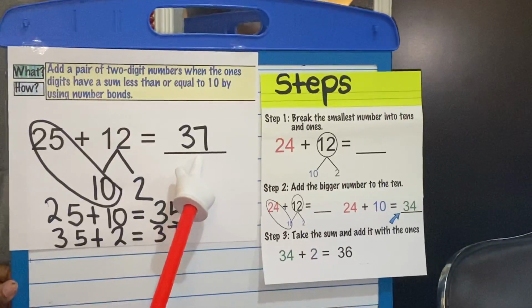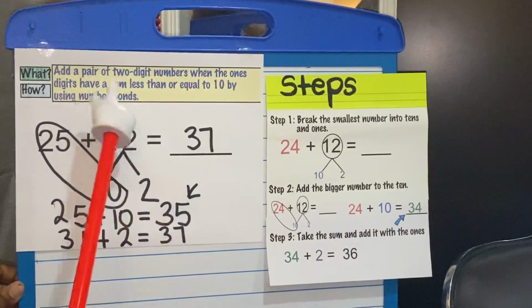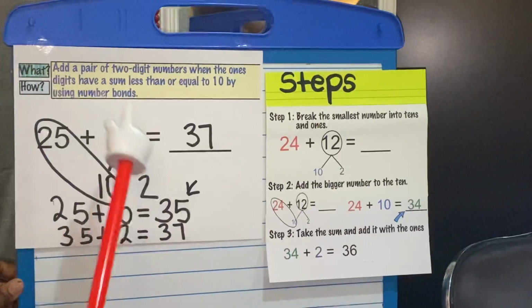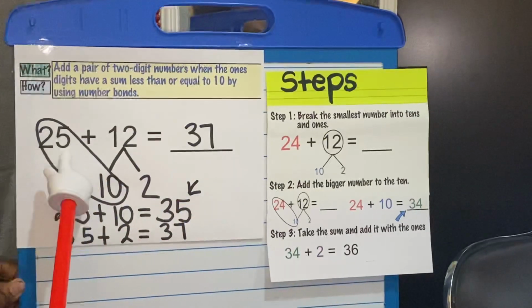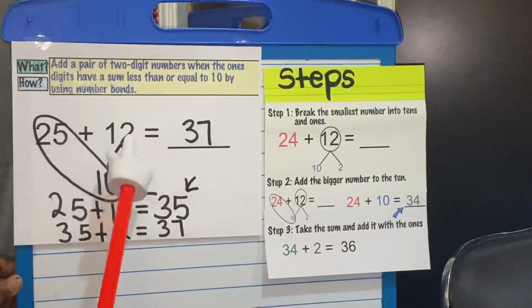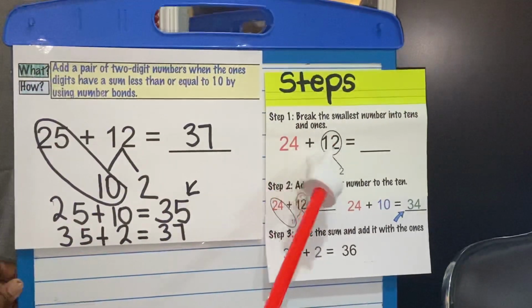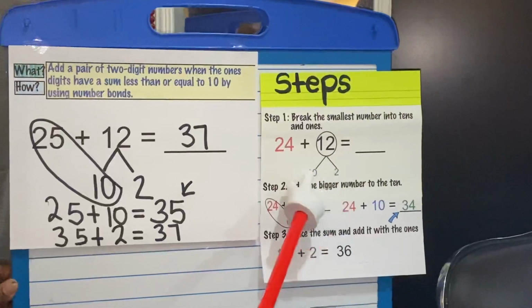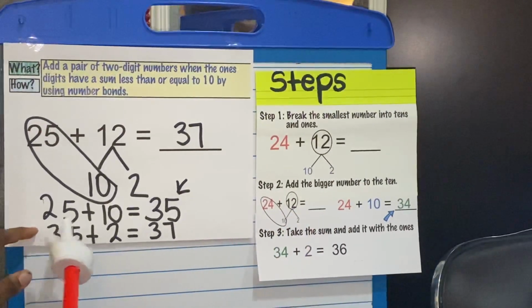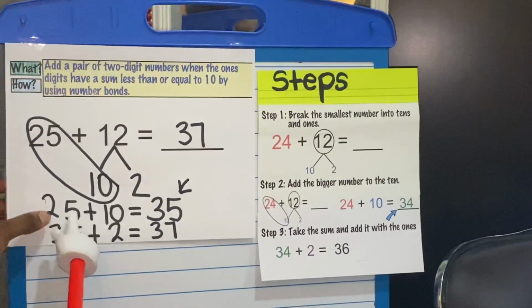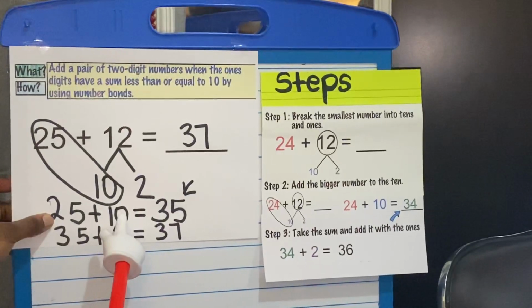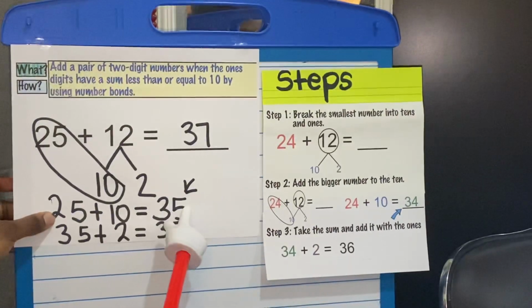Mathematicians, did you see how I added two-digit numbers when the ones digits have a sum less than or equal to 10? I broke the smallest number into tens and ones. Then I added the bigger number to the ten, which gave me 35.